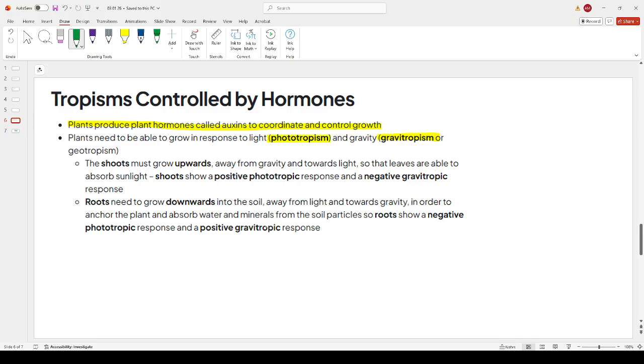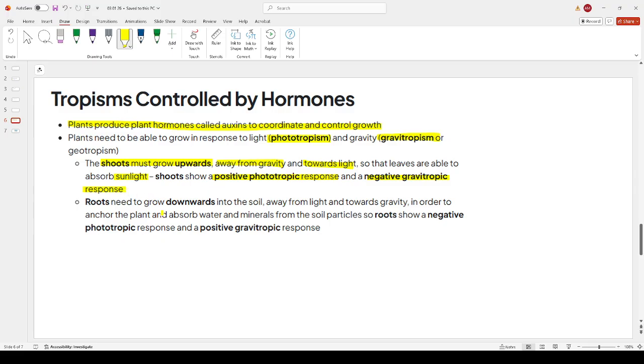The shoots must grow upwards, away from gravity and towards light, so that leaves are able to absorb sunlight. So this is the purpose. Shoots show a positive phototropic response and a negative gravitotropic response.